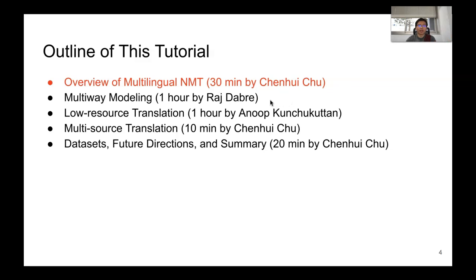After Raj's part, Anup is going to talk about low resource translation in multilingual NMT in about another 1 hour. Then it will come back to me by introducing multi-source translation in about 10 minutes. And finally, I will talk about datasets, future directions, and summary in about 20 minutes.